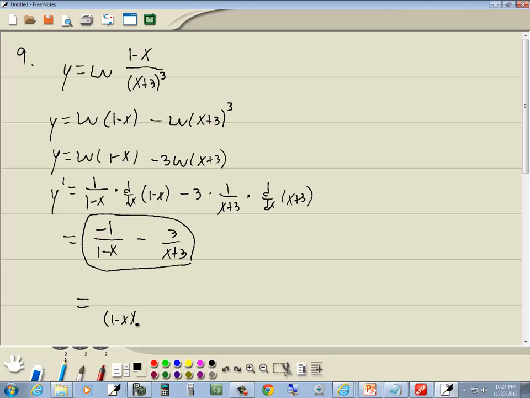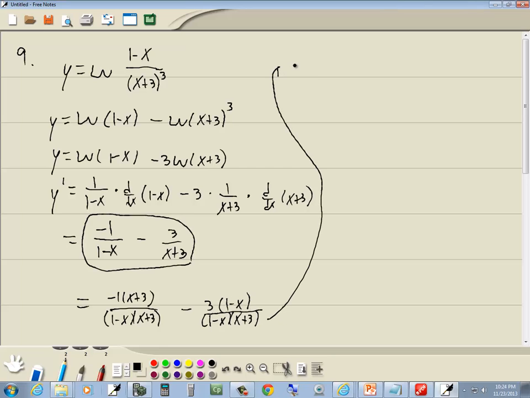So I got 1 minus x times x plus 3 is our common denominator. Now this first one, I multiplied the bottom part by x plus 3, so I have to multiply the top part by x plus 3. Now in this one, I multiplied the bottom part by 1 minus x, so I have to multiply the top part by 1 minus x. So that gives us negative x minus 3 over 1 minus x times x plus 3.